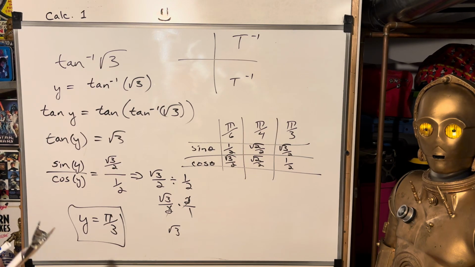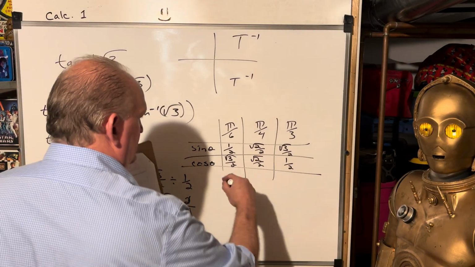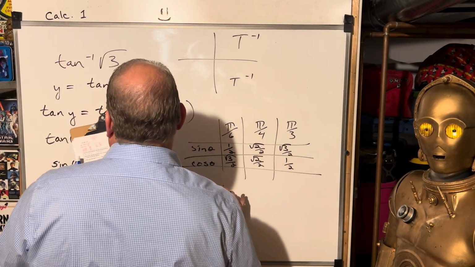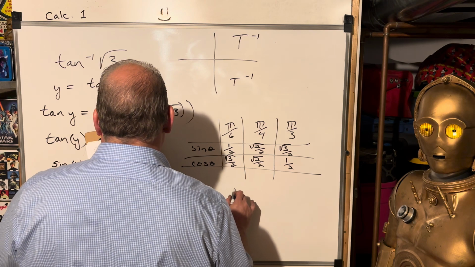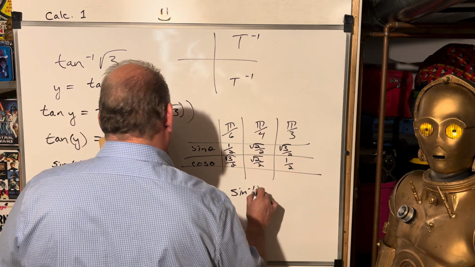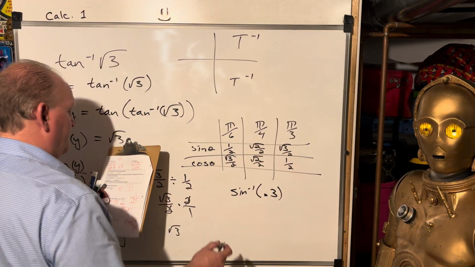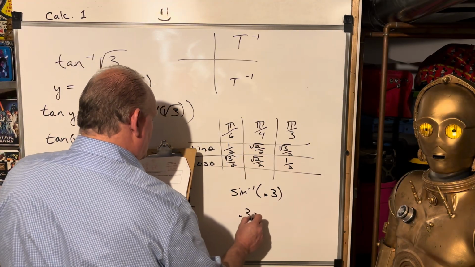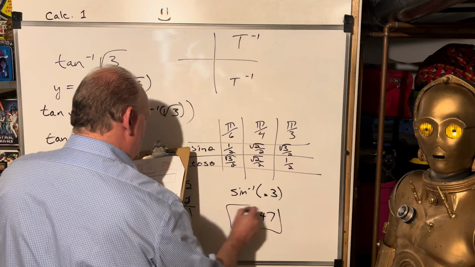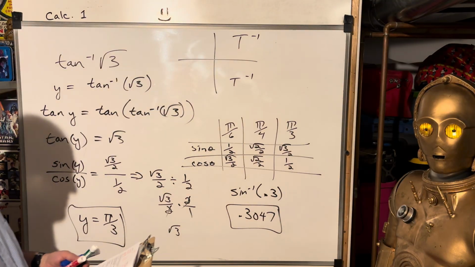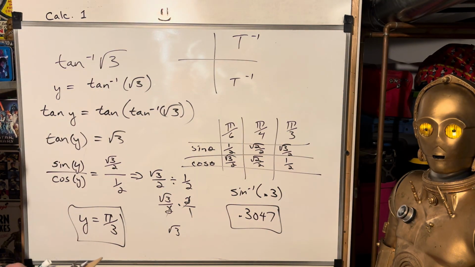And then the last one, use a calculator. So I don't need all of this for that. Do the arc sine. So you hit second sine. That is the arc sine of 0.3. And that kicks out 0.3047. Oh, make sure you're in radians.